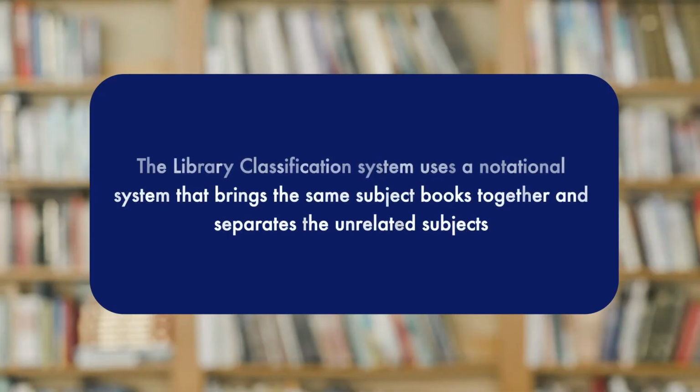So the library classification system uses a notational system that represents the order of the subjects in the library and helps users to easily find materials on the shelf. So the library classification brings the same subject books together and separates the unrelated subjects.